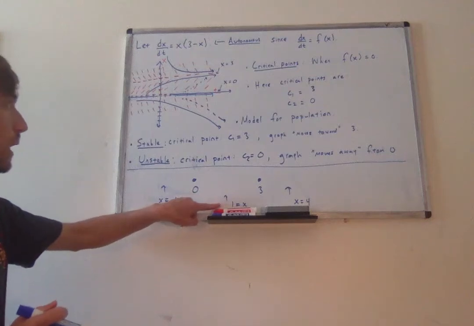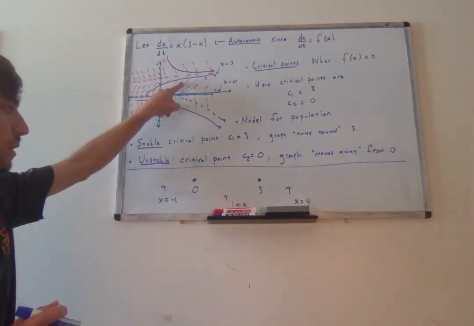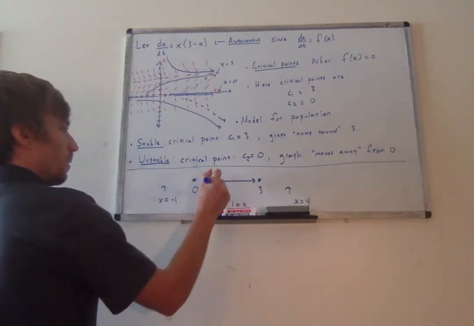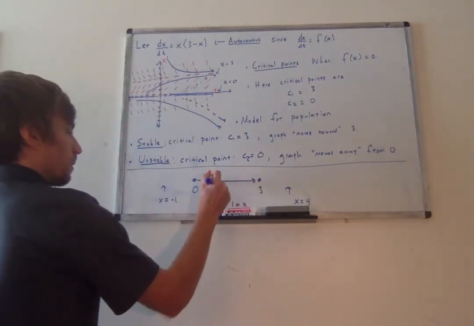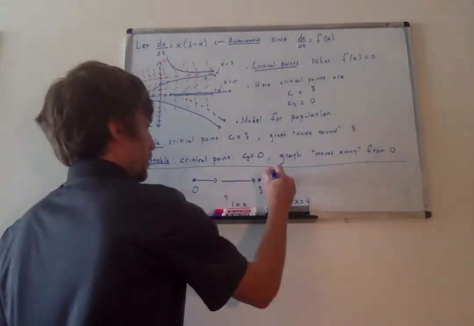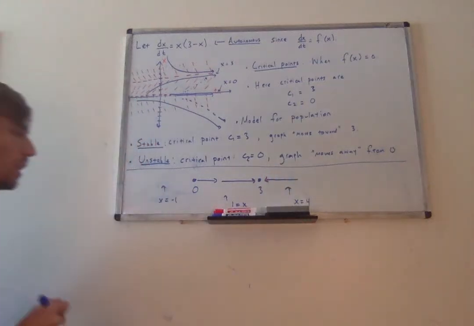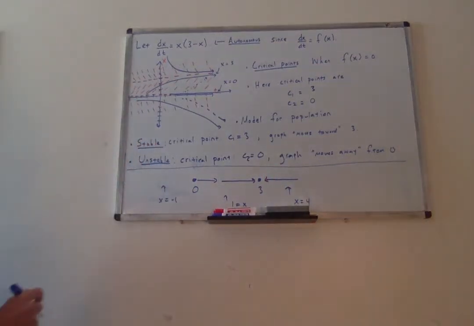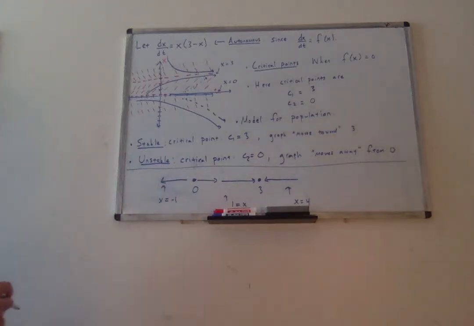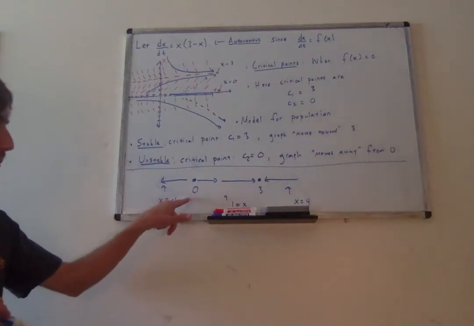So notice when x equals 1, as we already saw, this slope is positive. So the arrows would be pointing away from 0 and into 3. On the other side of 3, the slope was negative. So here we've got the arrow pointing into 3. And then on this side of 0, the slope was also negative, and so we'd have the arrow pointing away from 0.